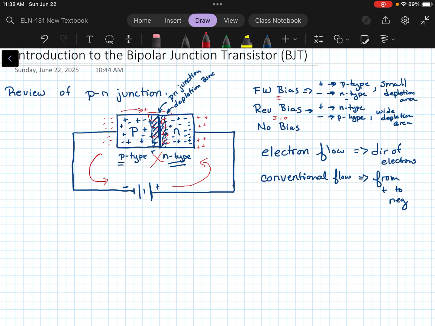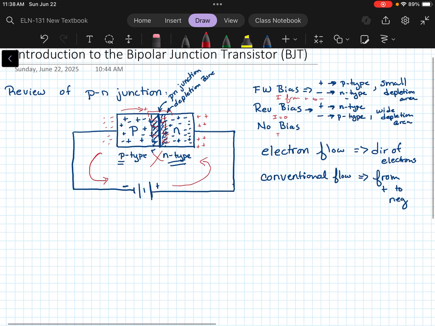The current's going to flow from positive to negative. Again, that's the conventional current. And then, of course, with the no bias, there's no current there either, because we have to get past this depletion zone. Now, one thing I didn't mention was that when we are forward biasing this, I'm going to redraw this as the forward bias condition.